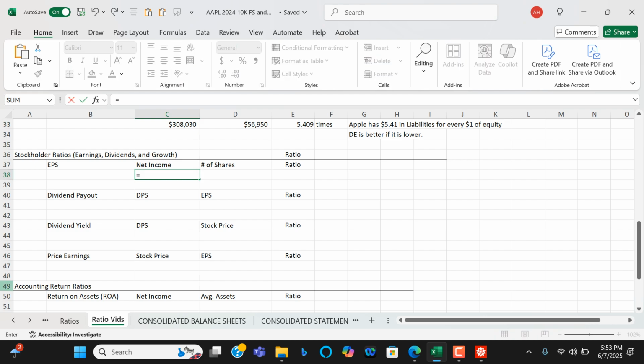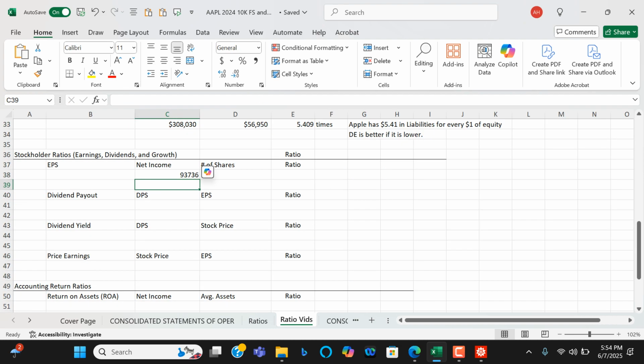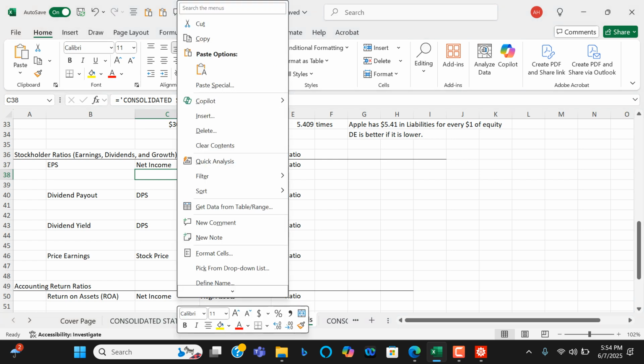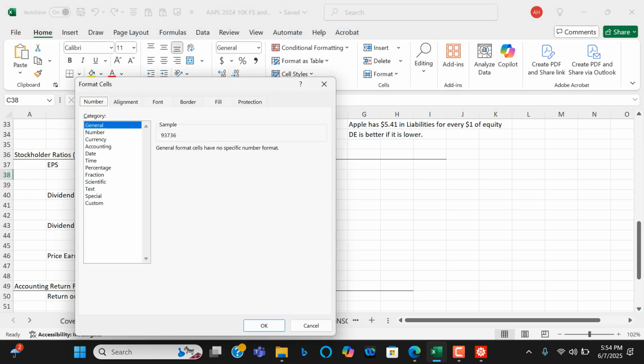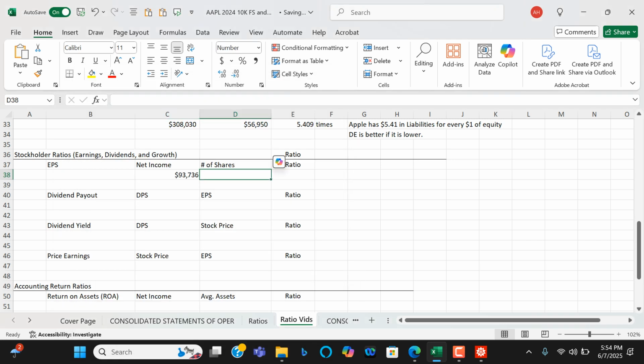Okay, so let's go to the income statement, and we will get our earnings, our net income. There's net income for 2024, 93,736. Okay, and yes, I am going to put a dollar sign here because this is a currency, obviously dollars, whereas shares are not. Then we're going to divide by the number of shares.